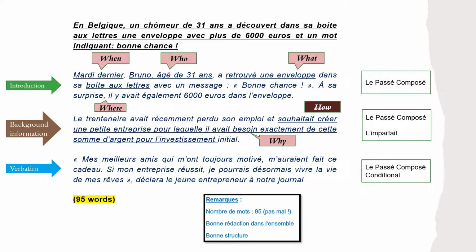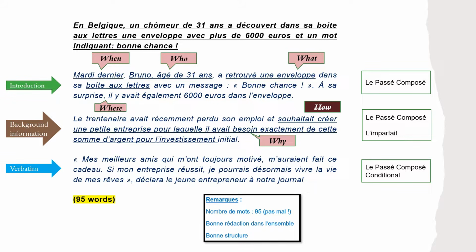But there is no how as such. So why and how that I talked about for background information is just to have an idea about what information we can include. But if you can come up with a strong background, you don't really need to stick to why and how. But for introduction, it's important to stick to 4Ws.